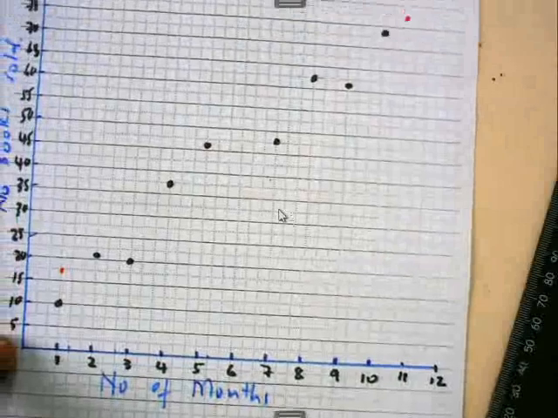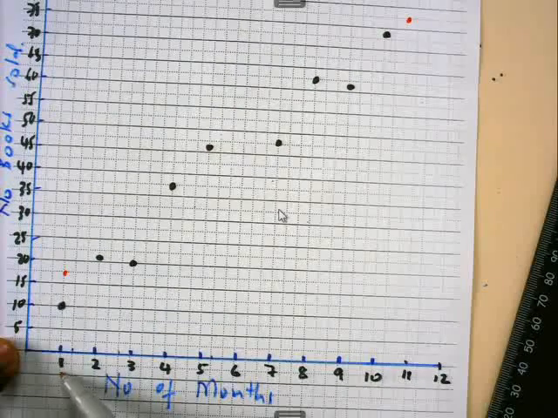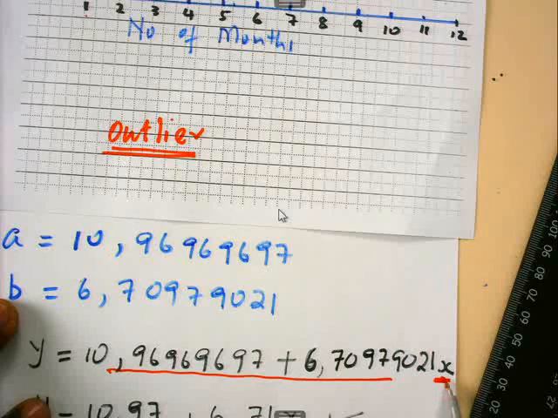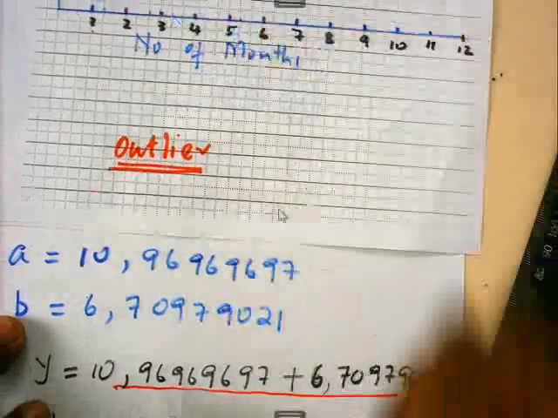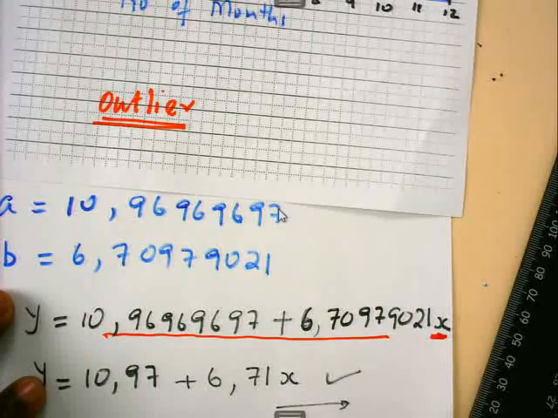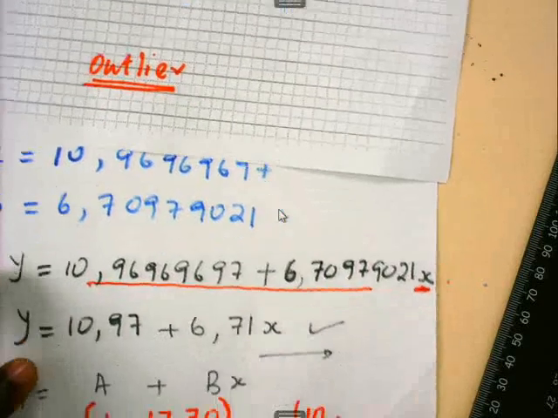Remember we took the value of 1 and substituted it into the equation where there is x. Do you see that? Good. And we found the value of y is 17.70. Then for the other value, we substituted 10. Let me write it down here.